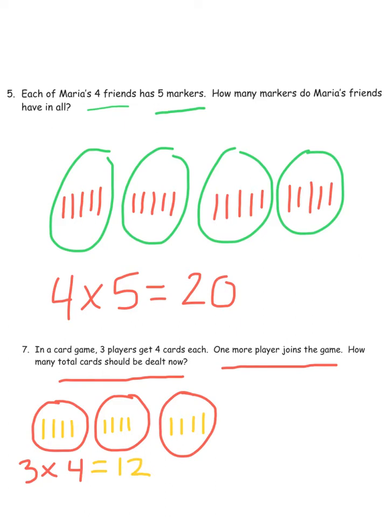We have an additional player now, so that's 4 people playing, and they're each getting 4 cards. So let's see what our new total is going to be. 4, 8, 12, 16. So the actual answer is 16, because it's 4 times 4, and that is 16.